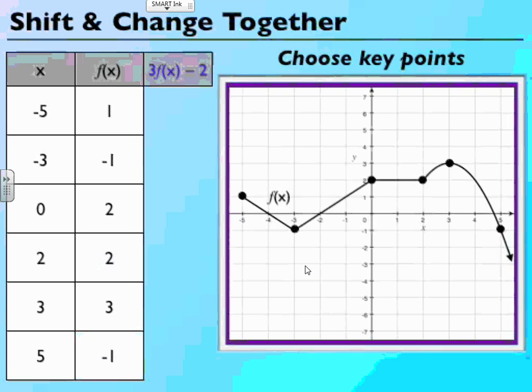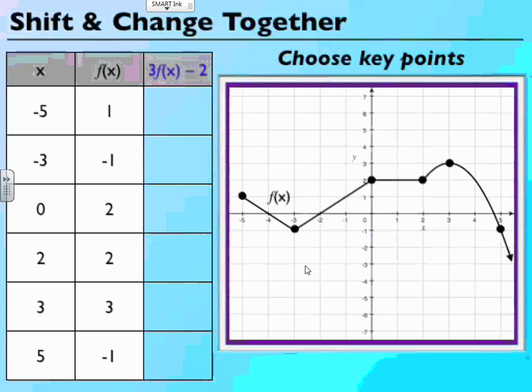Okay, now we have 3f of x minus 2. 3 times f of x minus 2. So we're going to do 3 times this number minus 2. Follow PEMDAS. That means follow your order of operations. Order of operations here, what are we going to do first? We're going to do the 3 times f of x.